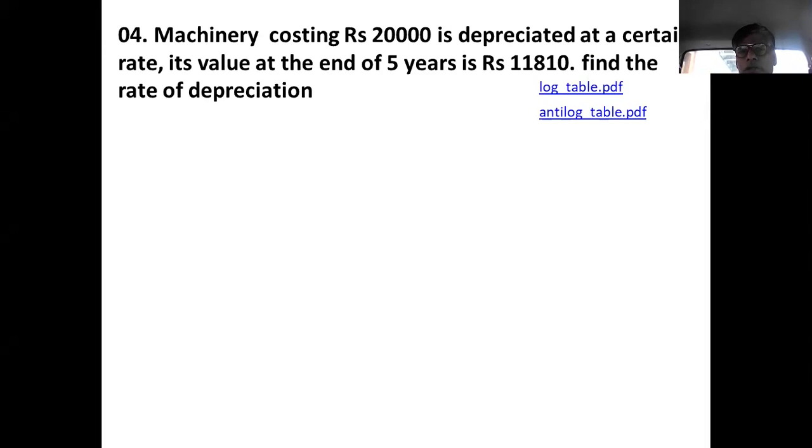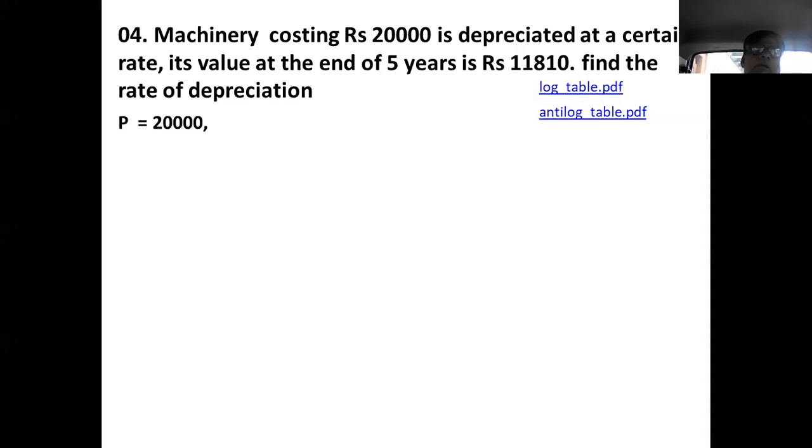Cost of machinery is 20,000. Is depreciated at a certain rate of depreciation. 20,000 cost machinery is depreciated, and its value at the end of 5 years. Value of that asset at the end of 5 years is 11,810. Find the rate of depreciation.